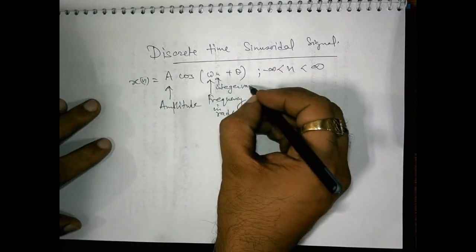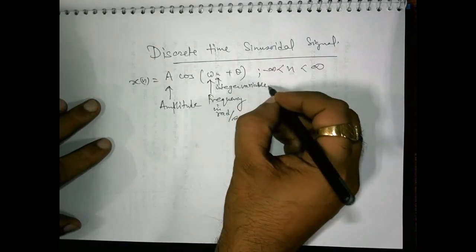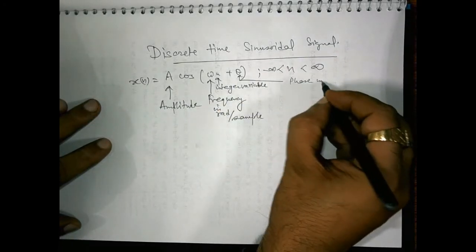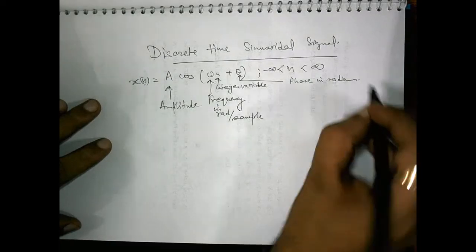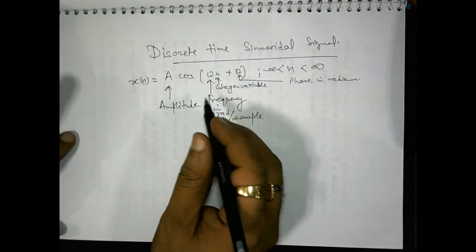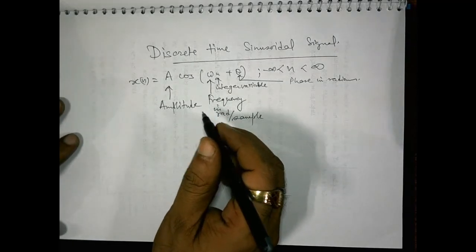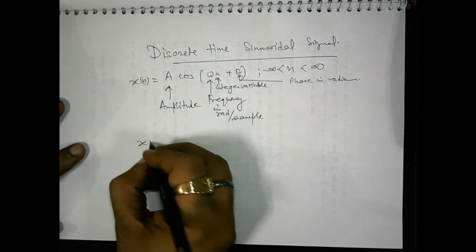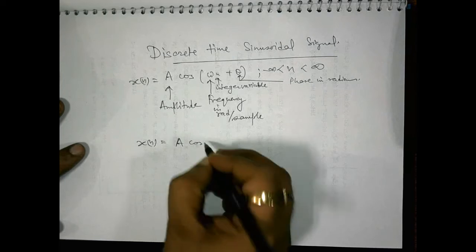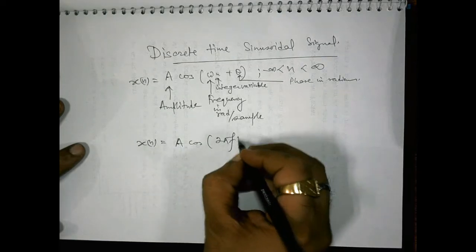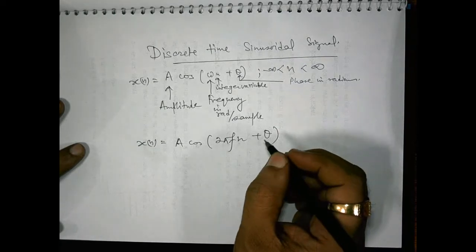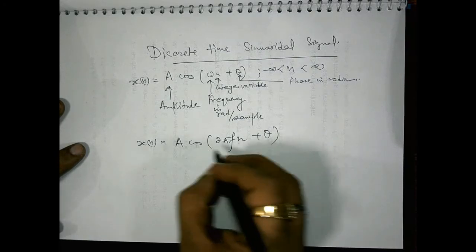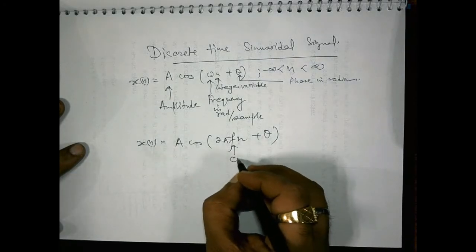And theta is the phase in radians. Now if you represent it in the form of frequency, then in place of omega we put omega equals 2 pi f. So x[n] can be represented as A cos(2 pi f n plus theta). Here f has the dimension of cycles per sample and it is called frequency, cycles per sample.